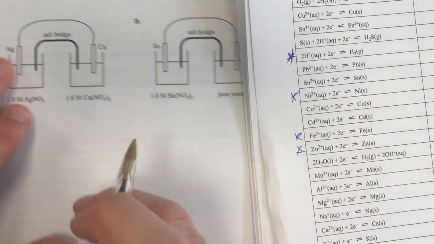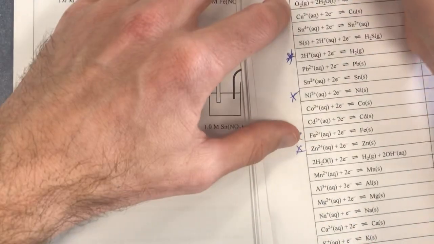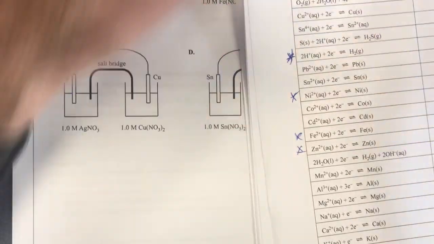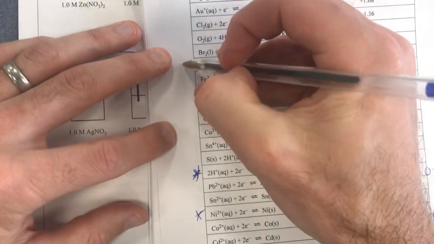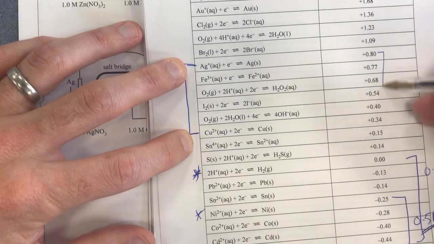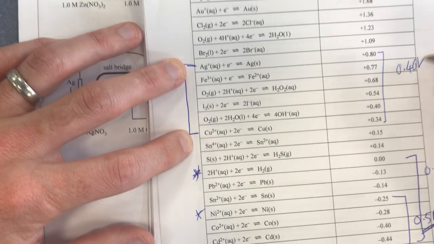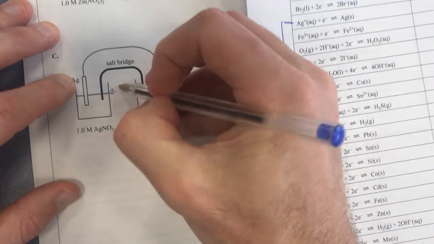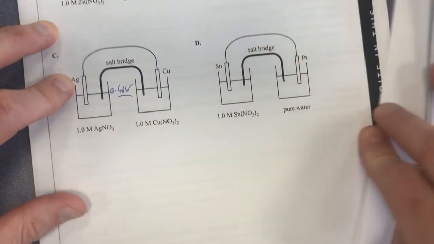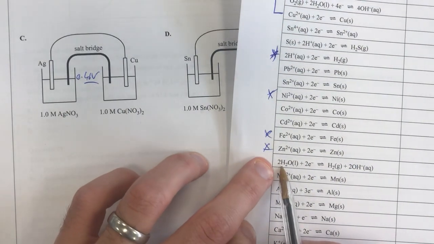In cell C, I've got silver and copper. So where's silver and copper? Silver and copper on my electrochemical series is here and here. And I've got a difference between that and that, which is going to be 0.46 volts. And lastly, I've got tin 2 and tin and pure water. Well, pure water is here.